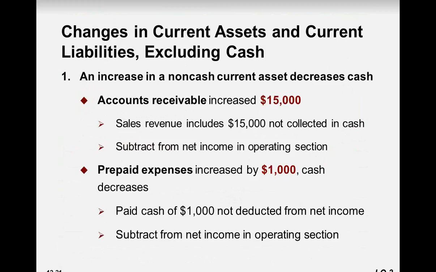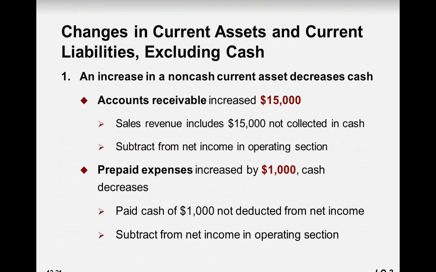If we look at prepaid expenses, they also increased, and they increased by $1,000. And again, how does that happen? Well, we paid cash of $1,000 not deducted from net income, right? They were not expenses yet because we haven't incurred them, but we paid for them, so we have less cash.